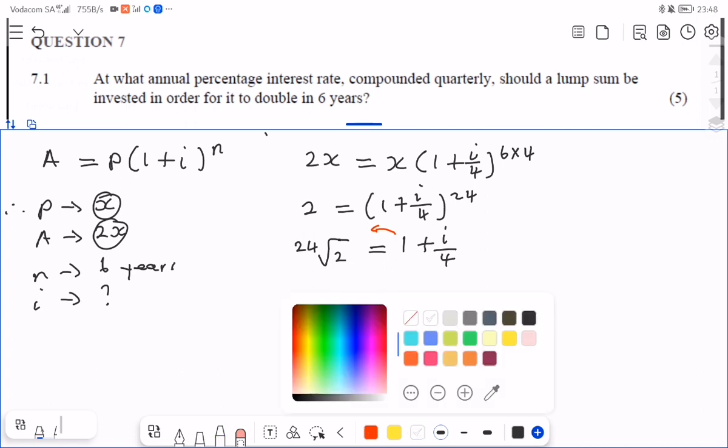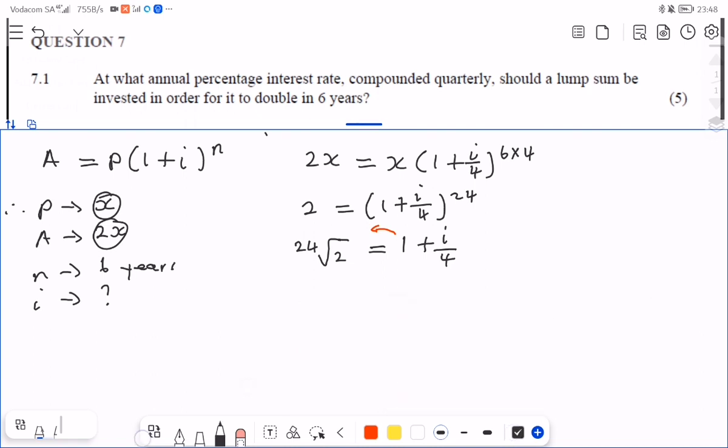So we are going to have the 24th root of 2 minus 1 equal to i divided by 4. To avoid rounding off, remember in finance we have to round off at the final answer.